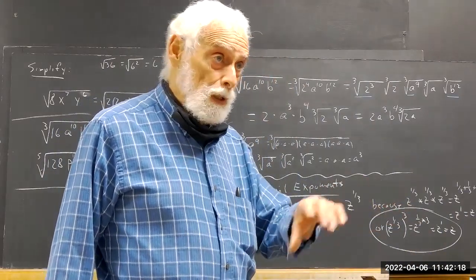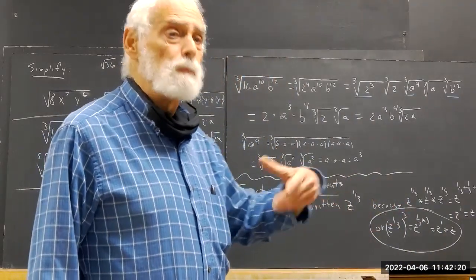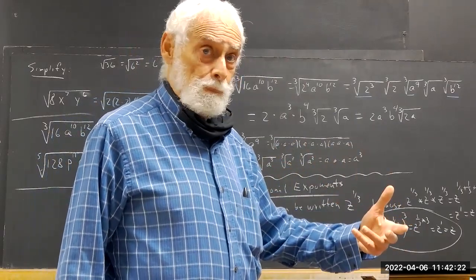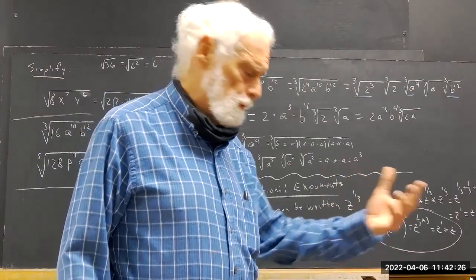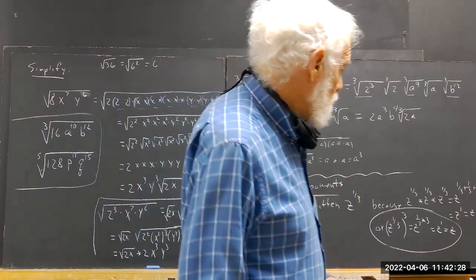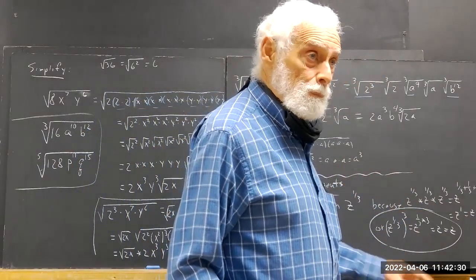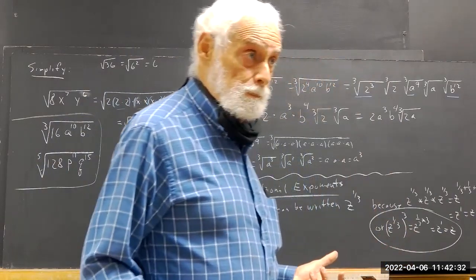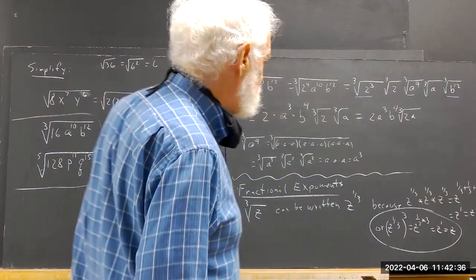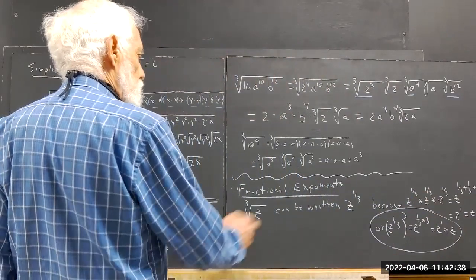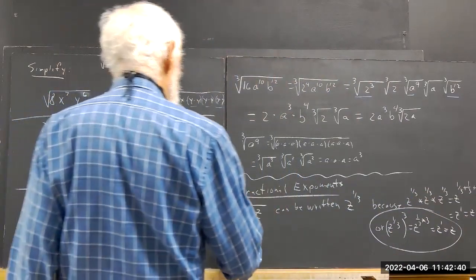If you don't remember that, and if that's not kind of second nature to you, you probably want to review exponents, the rules for exponents, which we did some time ago. Because that can get a little fuzzy, but there's a good reason for it. So all this means that you can write this as z to the 1/3.